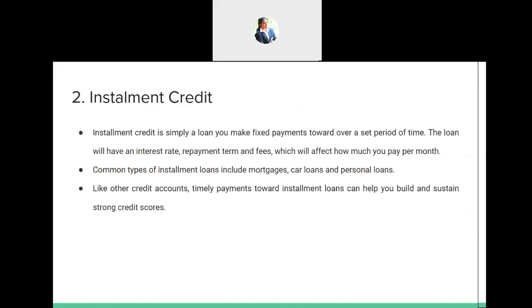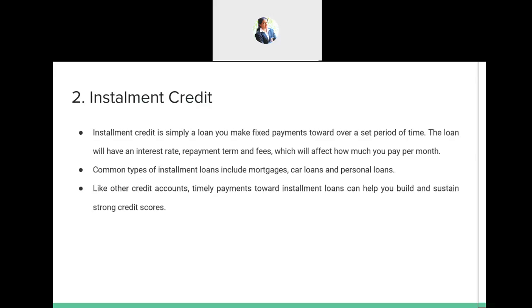Now, it is a form of finance which is used to pay for either goods or services, and there would be a fixed time period, and the payment would be the principal plus some kind of interest. Or in other words, it is simply a loan made towards fixed payments.